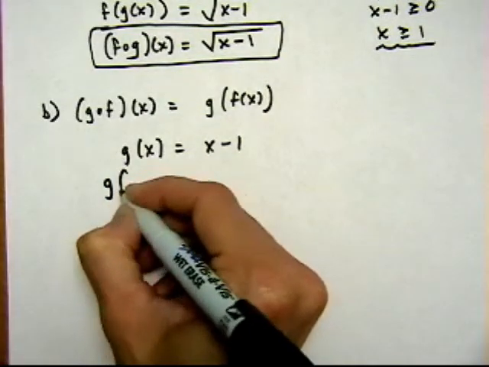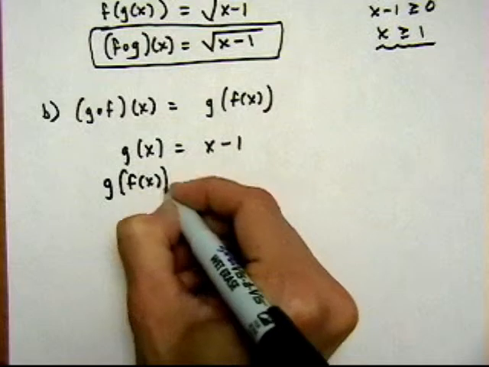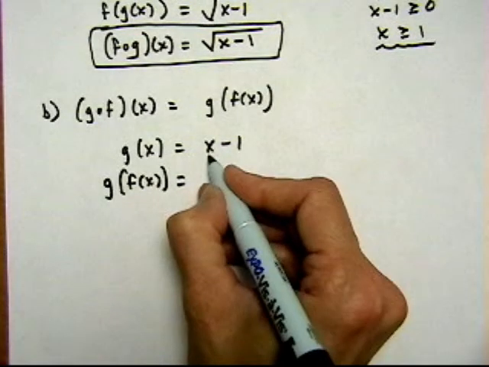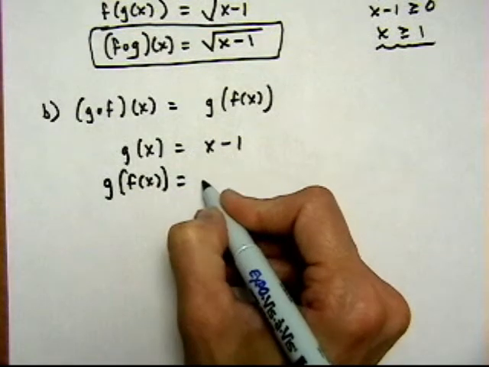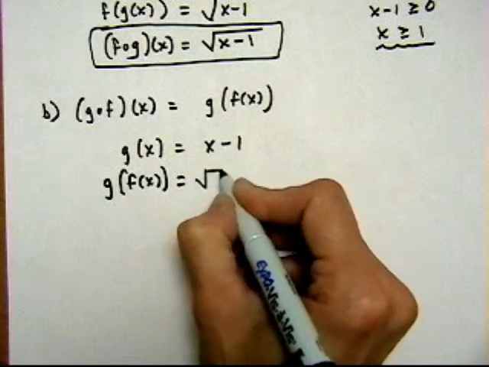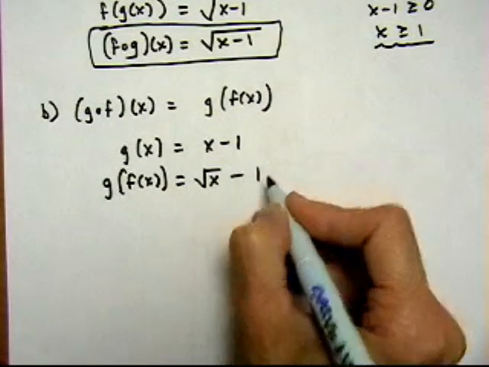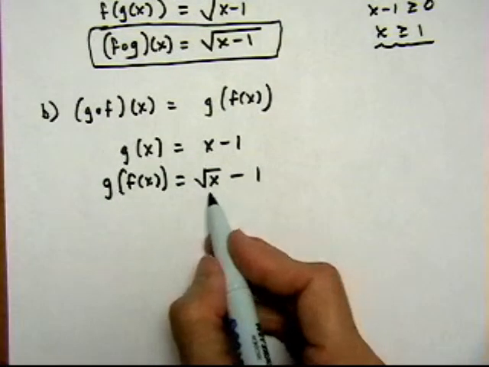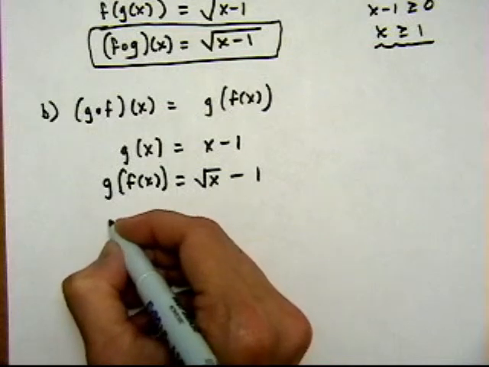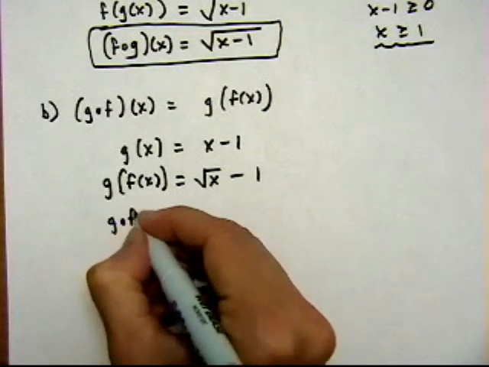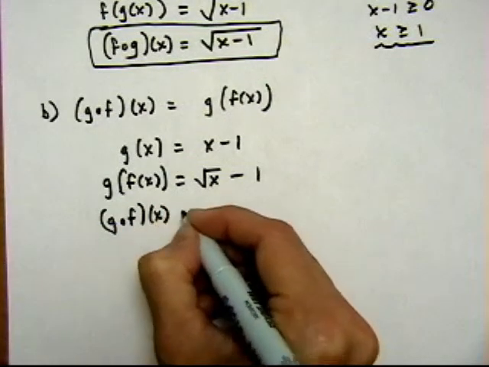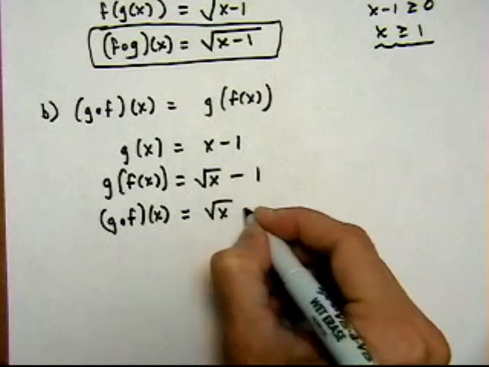We put f of x in as the input, so everywhere you see an x, put f of x instead. f of x is root x, then bring down the minus 1, and that would be it. There's no simplifying, so that's just another way of writing g of f of x. And there's our composite function, root x minus 1.